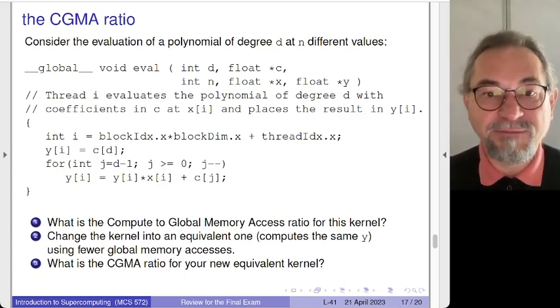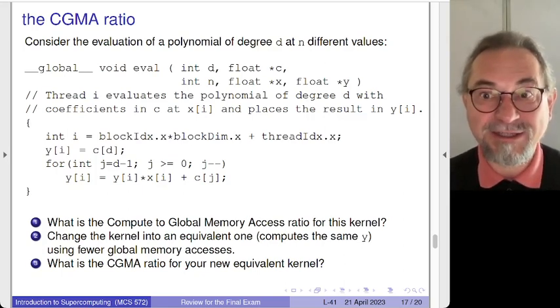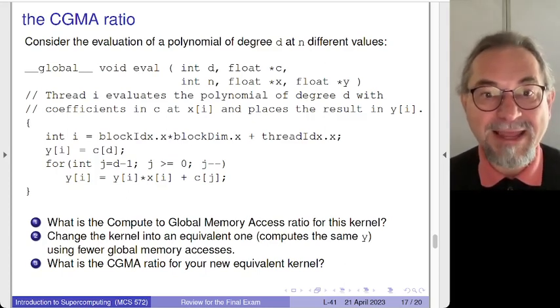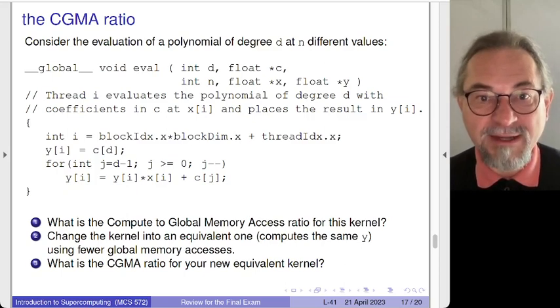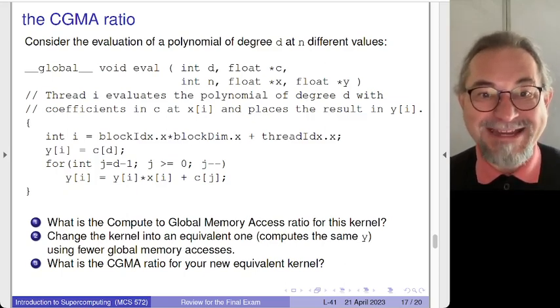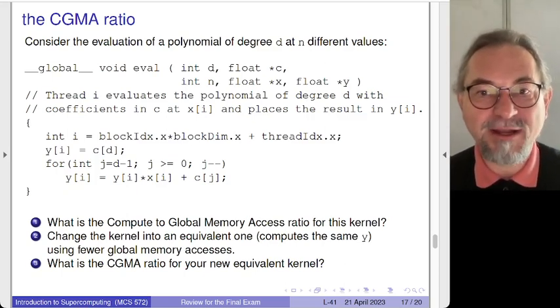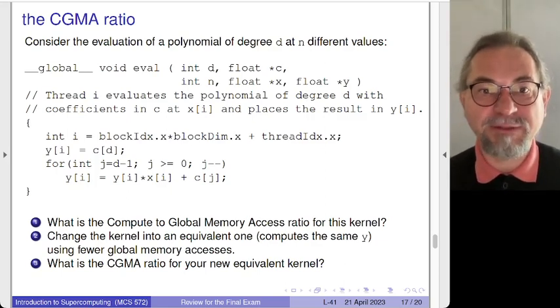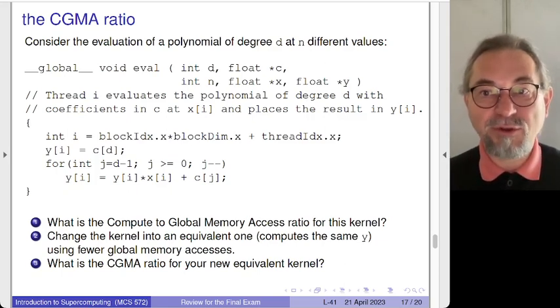Looking at the memory accesses, it also accesses the d plus 1 coefficients of the polynomial, and in addition, it accesses the input element x i and the output element y i in every step.